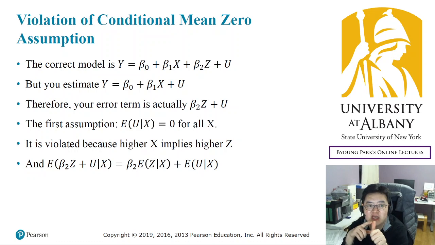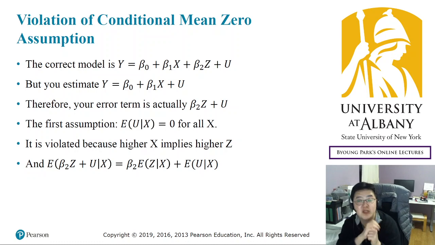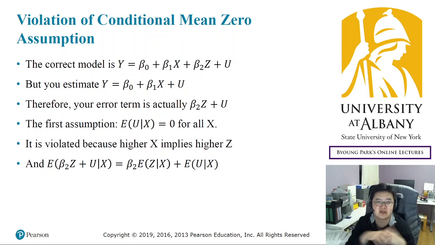The first one is the conditional mean zero assumption, the second was the IID assumption, and the third was about outliers. The omitted variable bias arises because when there is an omitted variable, the first assumption is violated.